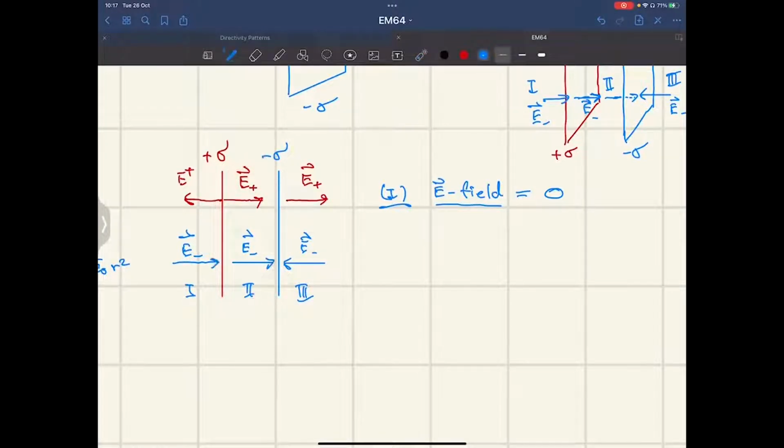So the first region and the third region is completely no electric field. Okay, but in the middle, in the region number 2 here, you can see that E field here and E field here, they point toward the same direction.